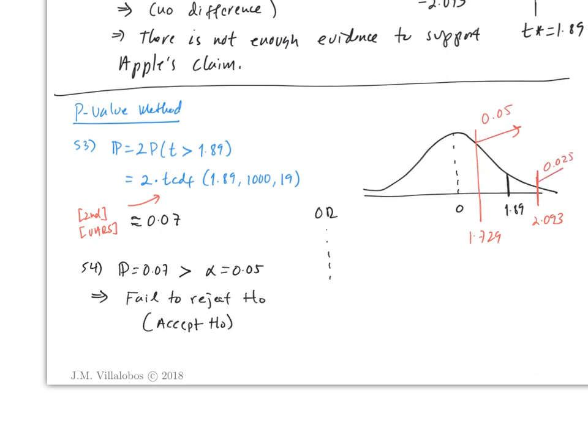So all you have to do is pick something between 0.025 and 0.050 and then multiply times 2. You can pick whatever you want between those two values. So the p-value will be around twice 0.03, which is around 0.06. If you compare that, it is still greater than alpha, and the conclusion will be the same.